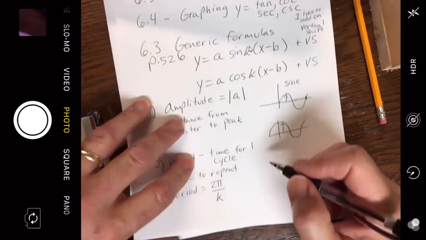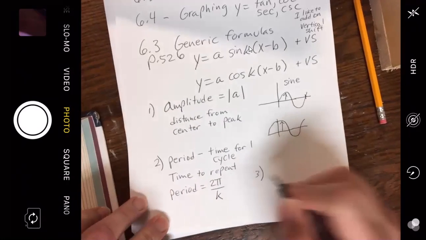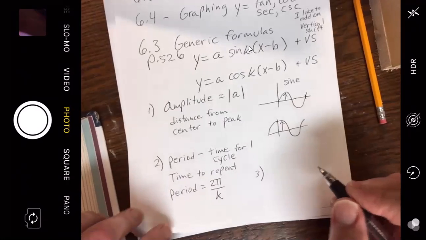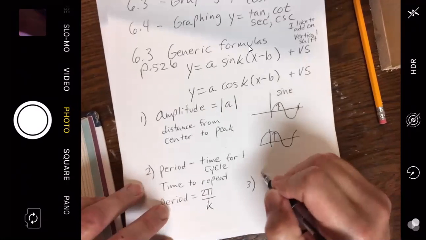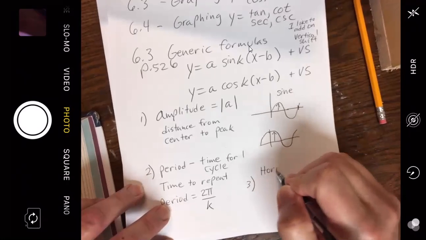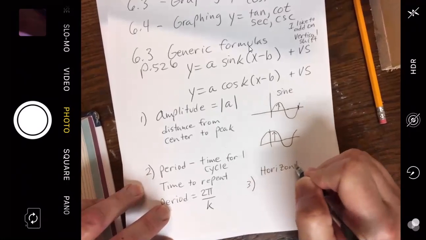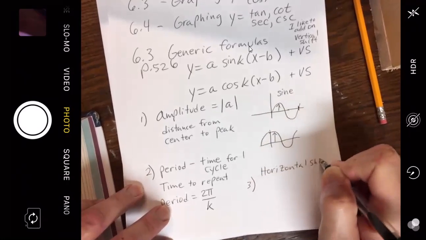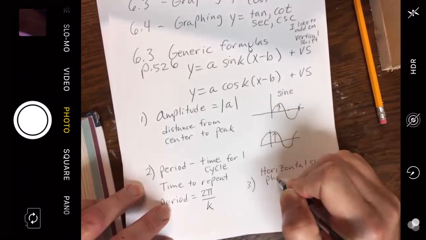Number 3 is the horizontal shift. It's otherwise known as phase shift.